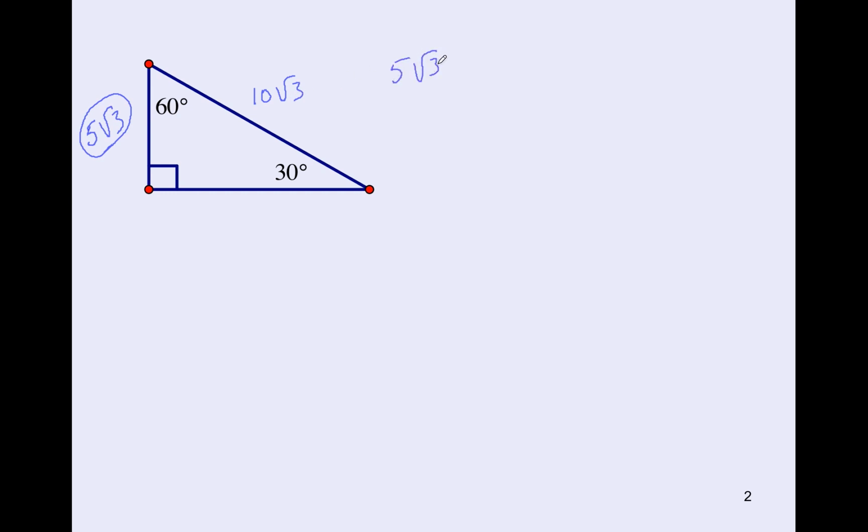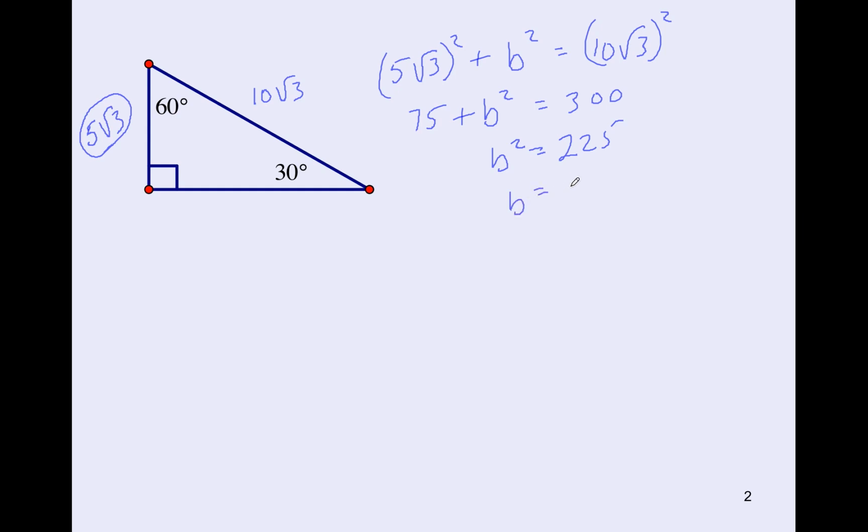So you do 5 root 3 squared plus b squared equals 10 root 3 squared. 5 root 3 squared, real quick, 75, plus b squared equals 10 root 3 squared, real quick, 300. B squared is equal to 225. Take the square root of 225, see if we have a whole number, which we do. B is equal to 15.